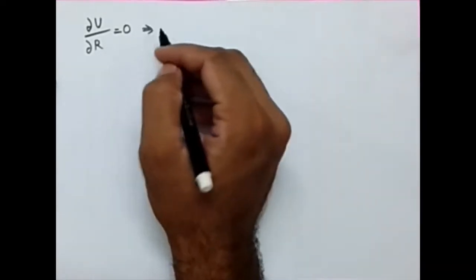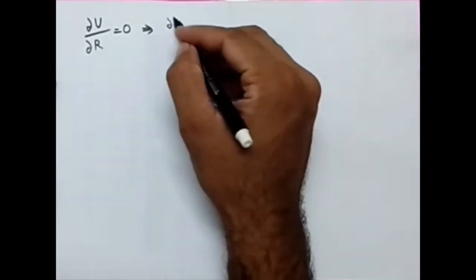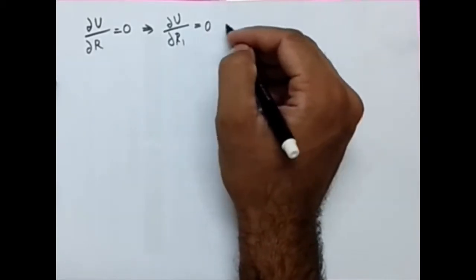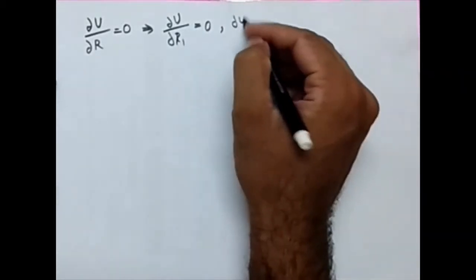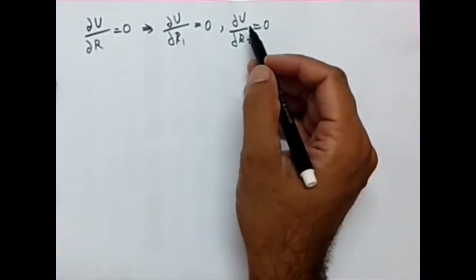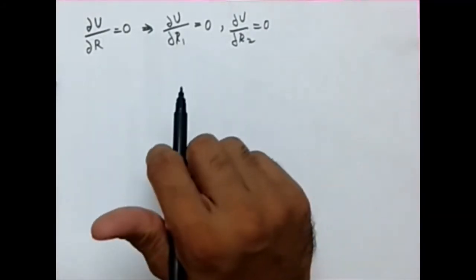So when there is more than one redundant, as per the theorem of least work, dou U by dou R1 is 0. Similarly, dou U by dou R2 is also 0. For any redundant, the partial differentiation of strain energy with respect to that redundant is 0. That's what the theorem of least work is.